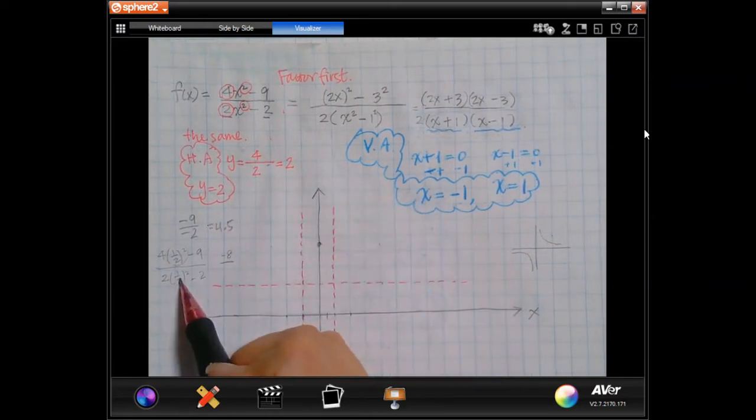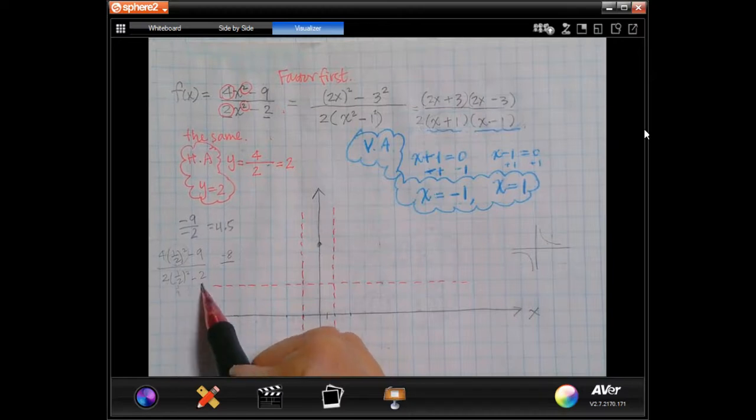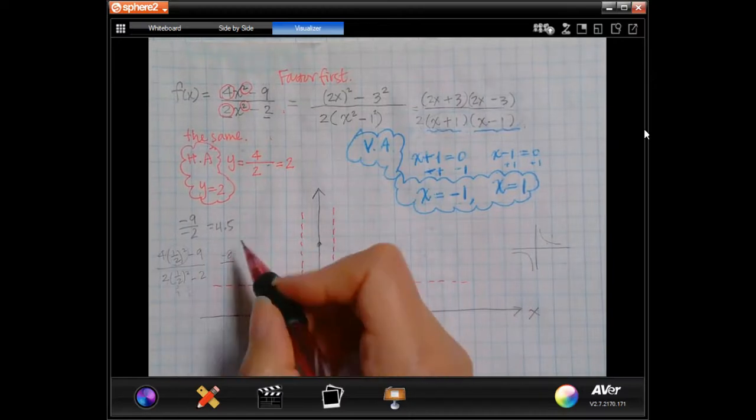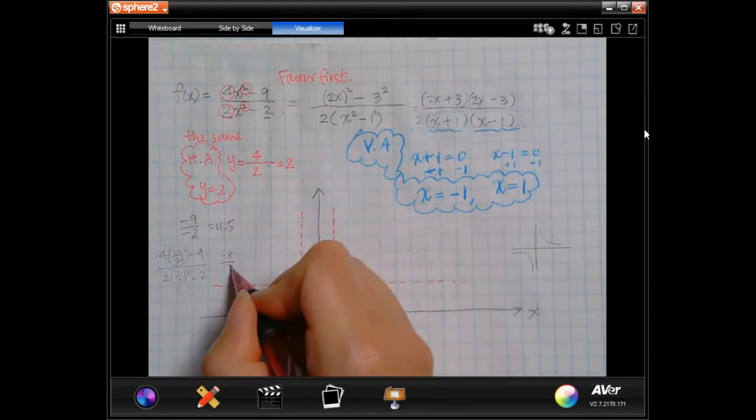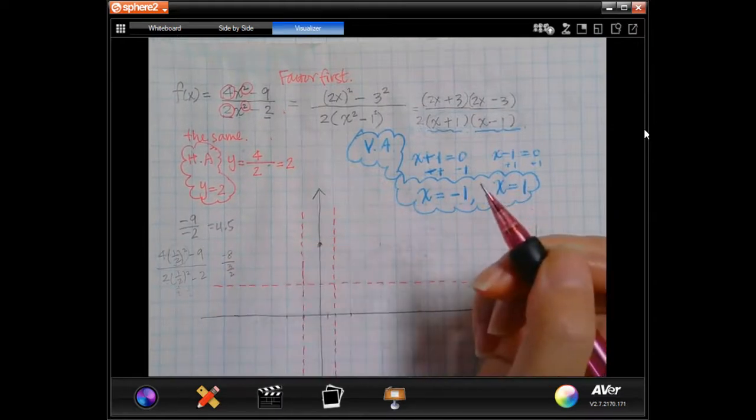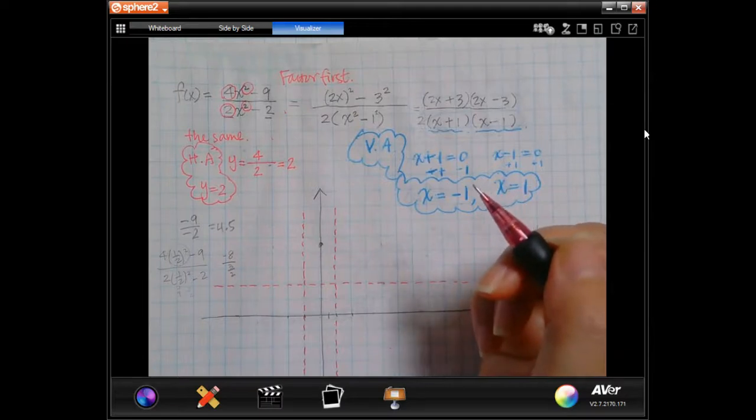In the same manner here, 1 over 2 squared is 1/4. 1/4 times 2 makes it 1/2. 1/2 take away 2 is 3/2 on the bottom. It's essentially -1.5.